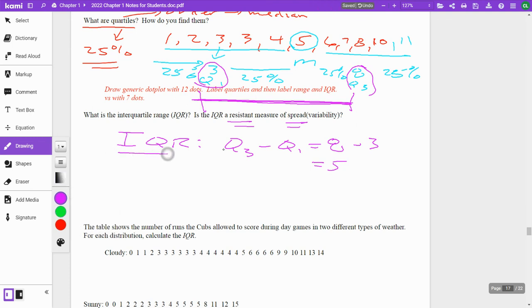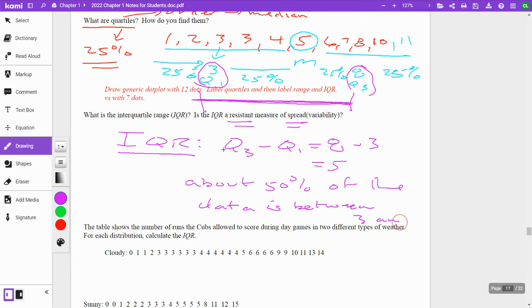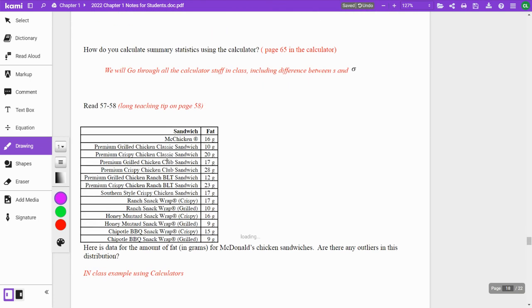If it's interquartile range from Q1 to Q3, what we can say is about 50% of the data is between 3 and 8. That's it. That's what IQR means.